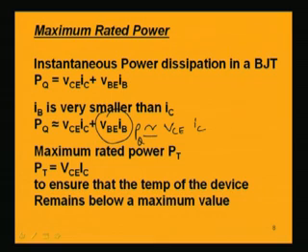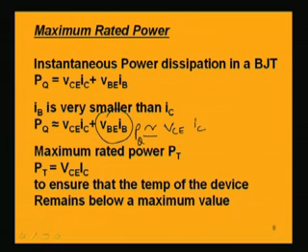Now, what will be that rating of the maximum power dissipated in a transistor? It should be that power at which the temperature of the device remains below a maximum value, because this is very important: the transistor should not be heated up enormously because of this power dissipation.